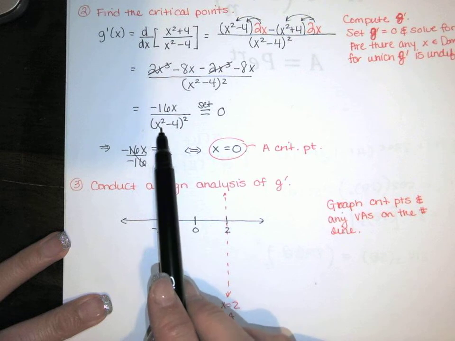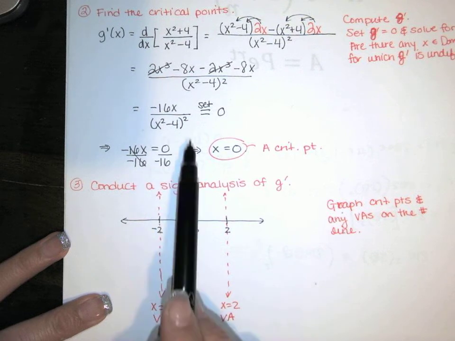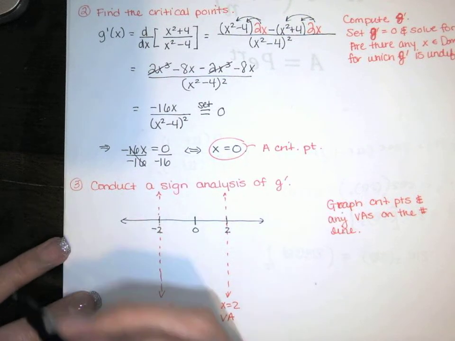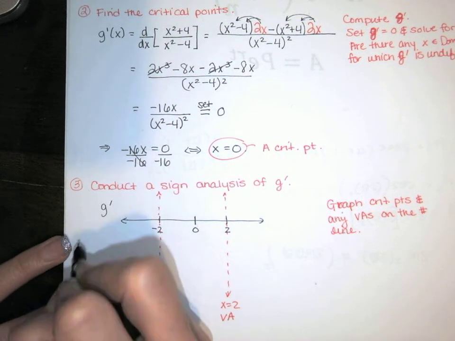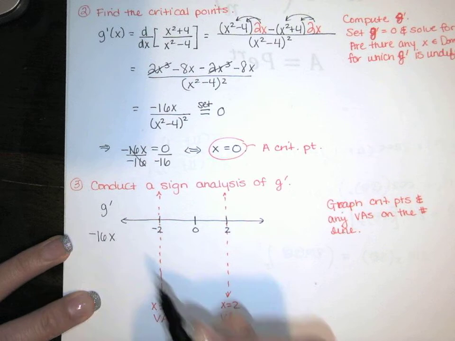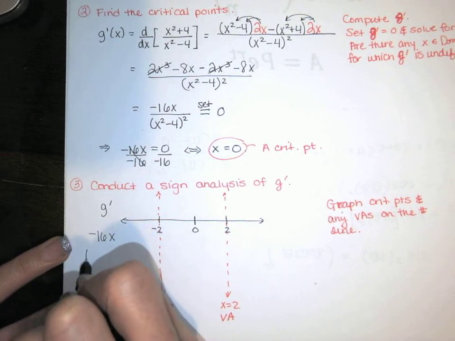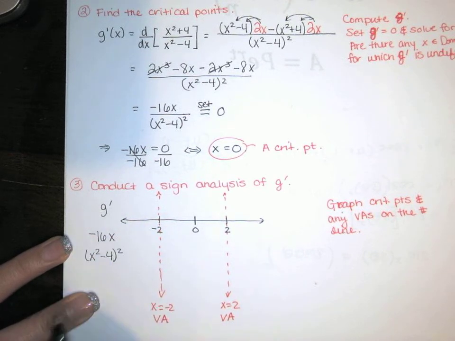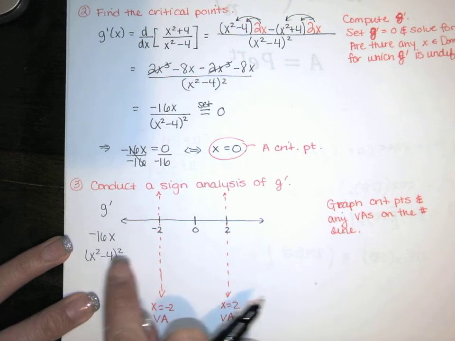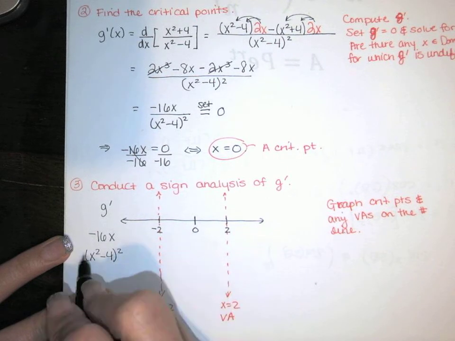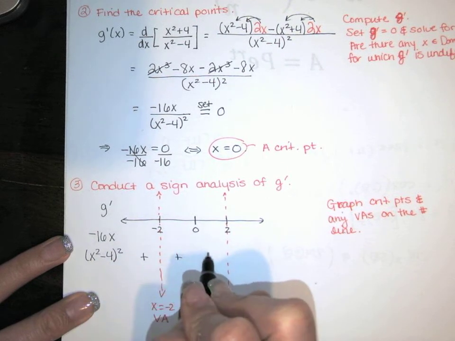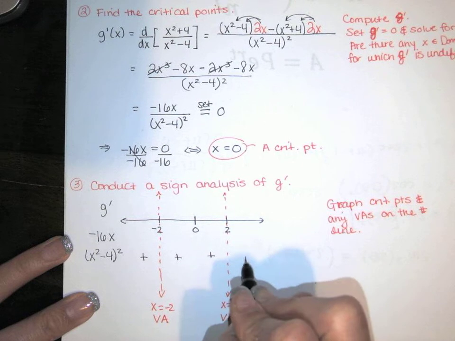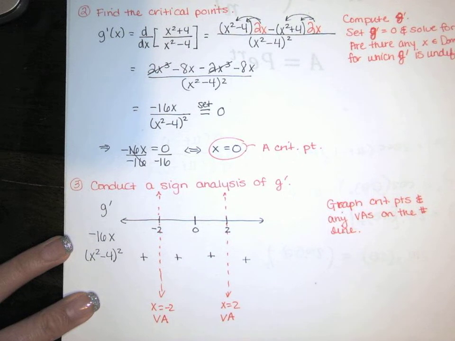It's negative 16x over that expression squared. So I'm just going to split it into the factor in the numerator and the factor in the denominator. Now that factor in the denominator is 0 at negative 2 and 2, but the rest of the time I'm just taking a number and squaring it. So it does not matter what x is. As long as it's not negative 2 or 2, we're going to get a positive number out of that.